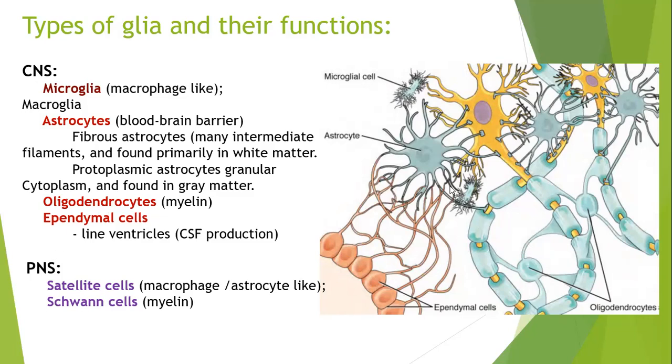So all in all, to summarize, microglia are macrophage-like tiny cells, mobile, they clean up the brain space. Macroglia are made up of three types: the astrocytes, which form the blood-brain barrier, the oligodendrocytes, which myelinate neurons within the CNS, and the ependymal cells, which line the ventricles. Then we have glial cells of the PNS, which are Schwann cells and satellite cells.